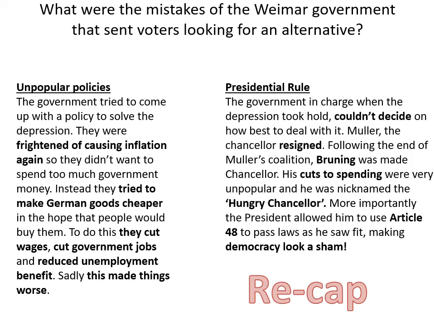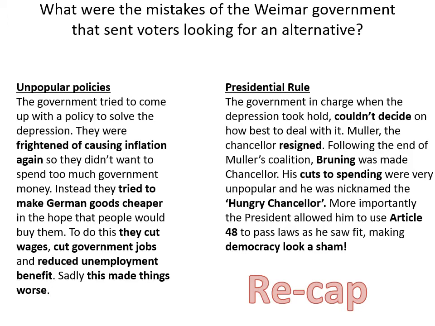Instead, they tried to make German goods cheaper in the hope that people would buy them. German industry becomes more competitive and gets better, unemployment gets better, people have more money, and it spirals into a recovery. To do this, they cut wages, cut government jobs, and reduced unemployment benefit. But sadly, this made things worse in the short term.